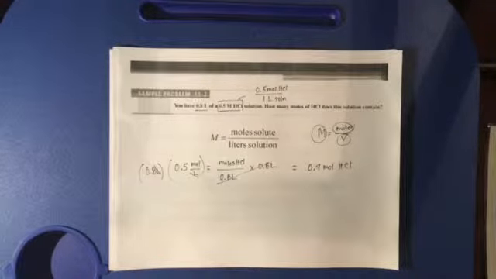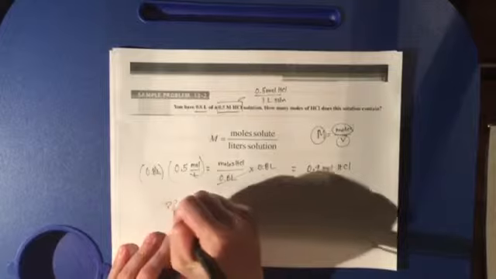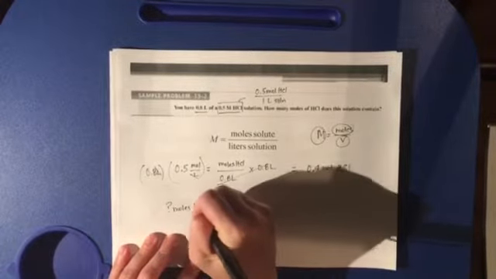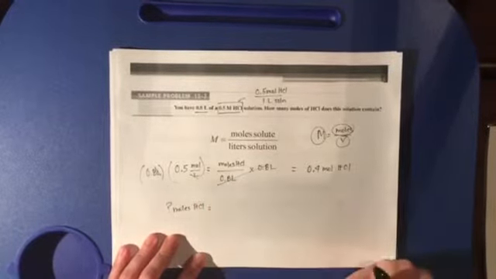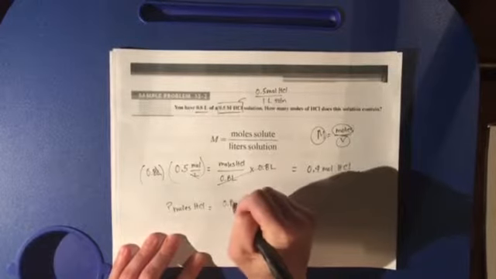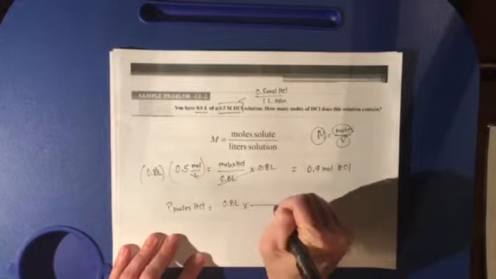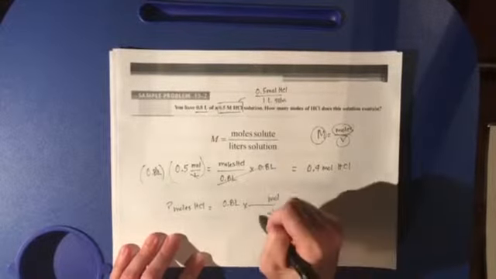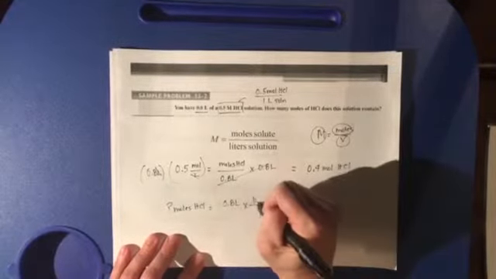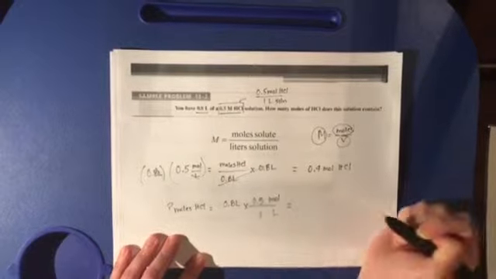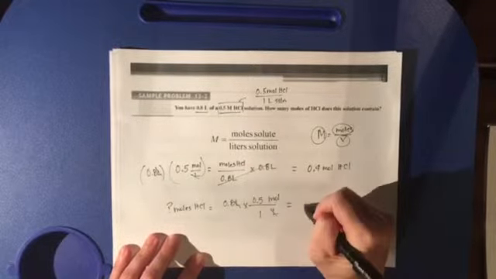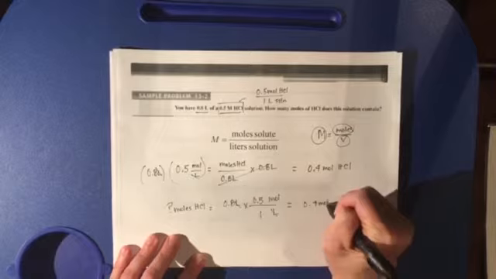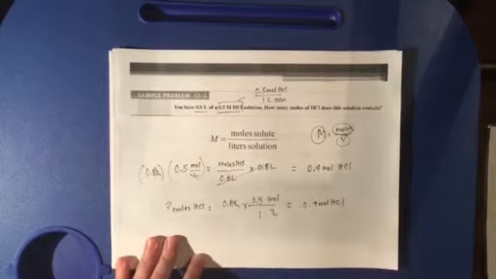And so then what I'm going to do is say that I'm looking for how many moles of HCl, and then I'm given 0.8 liters, and then I just want to use molarity as a conversion factor. For every 1 liter, I've got 0.5 moles. Liters cancel. You get 0.4 moles of HCl.